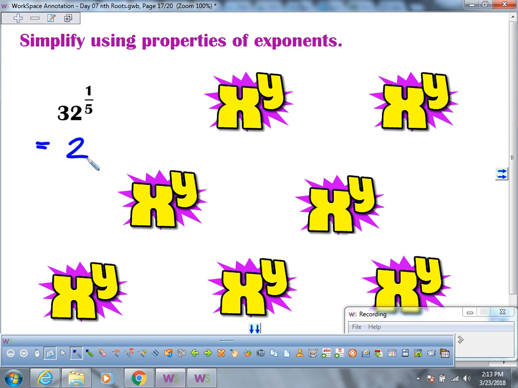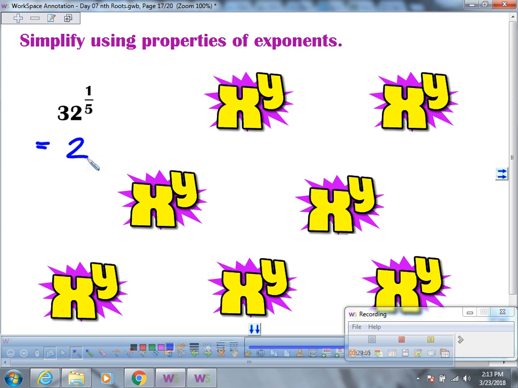Well, I know that the base of 32 is 2, because 2 to the 5th is 32. See why those are going to come in handy now? Because 2 to the 5th is 32, and when you take it to the 1/5, they cancel out.